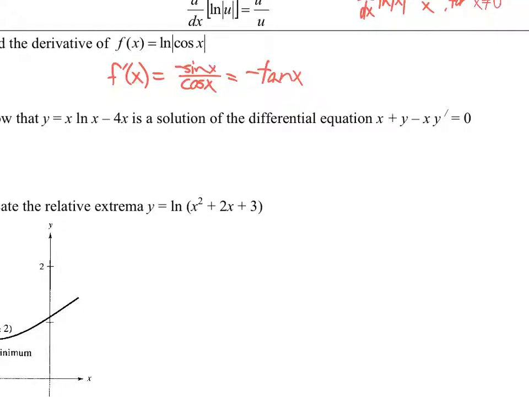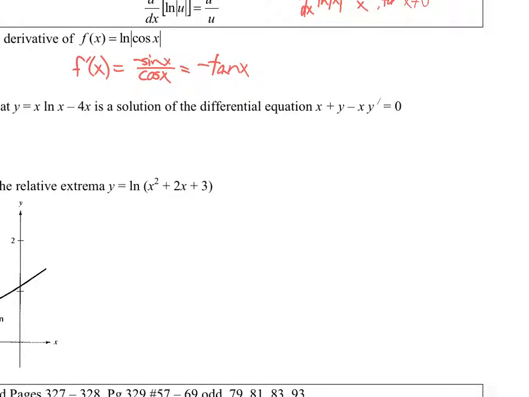I could plug in x ln of x minus 4x in for y right here, and then solve. That's one possibility. Another possibility would be to actually take the derivative here, and also solve for y prime over here.